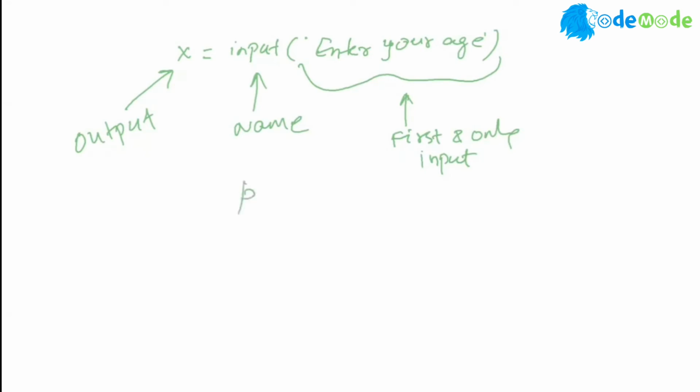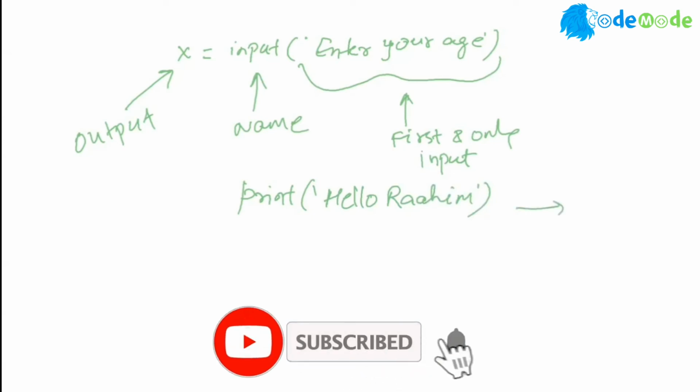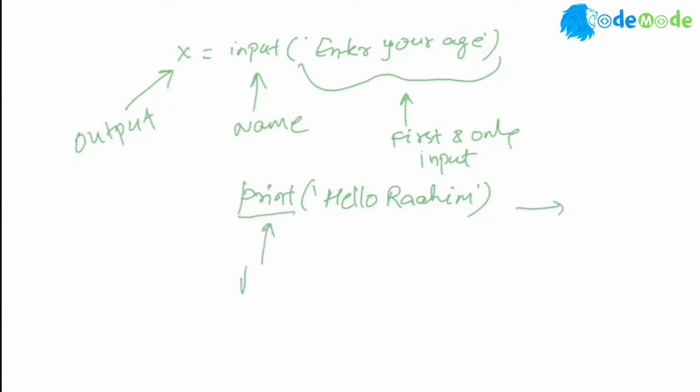Similarly, take a print statement. Print, and you say hello Rahim, right? This function does not have any output because the output goes directly to the screen. So in this case, print is a function, and this is the input.